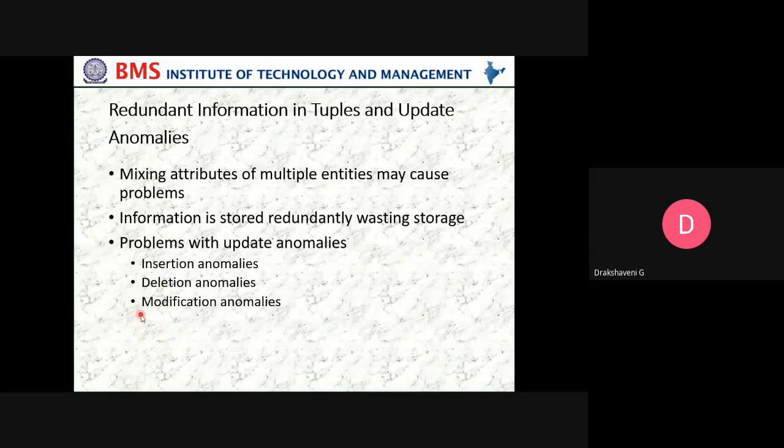Then we have seen redundant information in the tuples and the update anomalies. Mixing attributes of multiple entities may cause problems. Information is stored redundantly, wasting storage. Problems with update anomalies can be insertion anomaly, deletion anomaly, and modification anomaly.